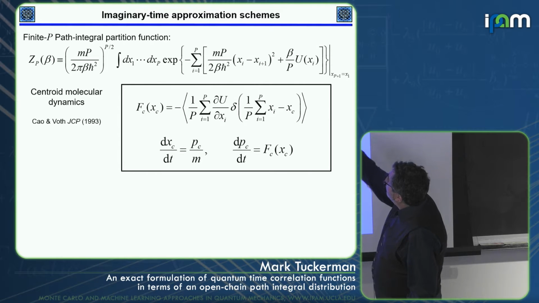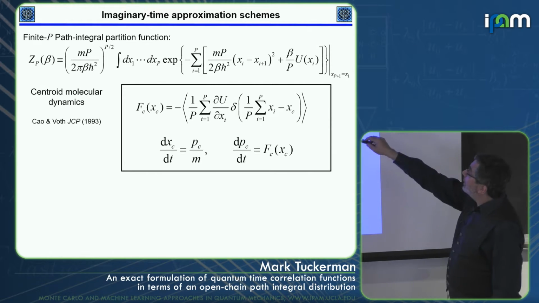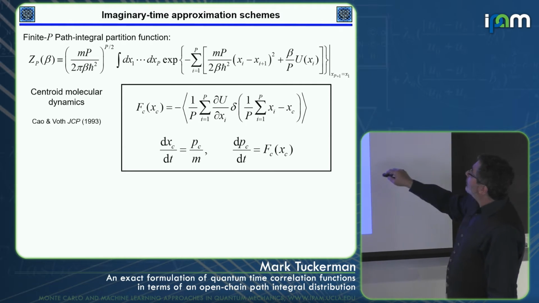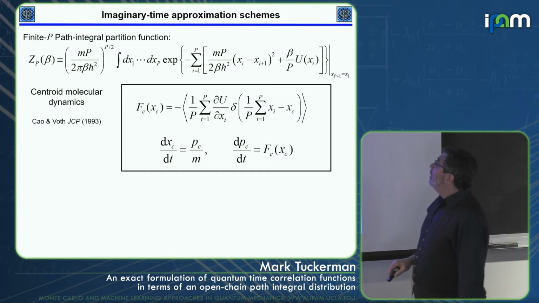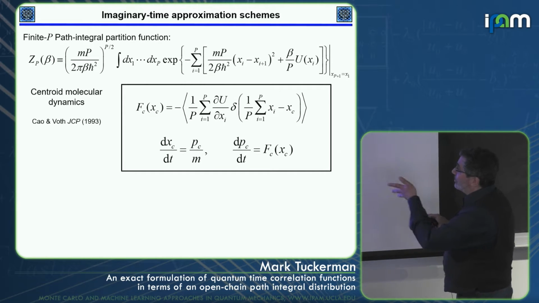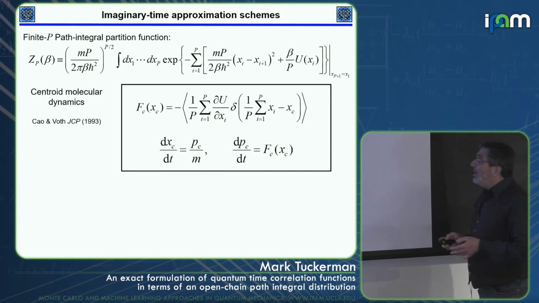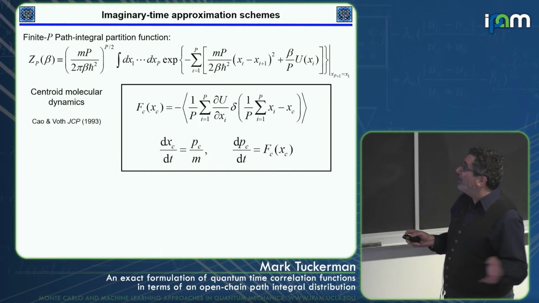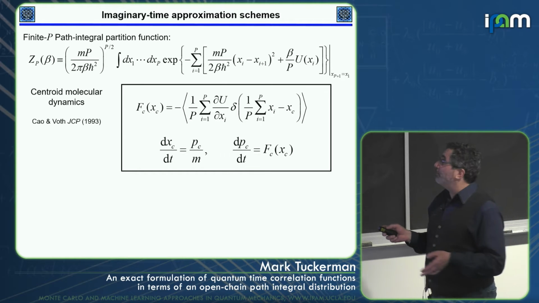If you multiply that by the derivative of your potential, you get a so-called force on the centroid. And if you plug into classical equations of motion for this centroid, you can evolve things in time. This centroid dynamics is a little bit of an ad hoc approximation for getting time correlation functions.